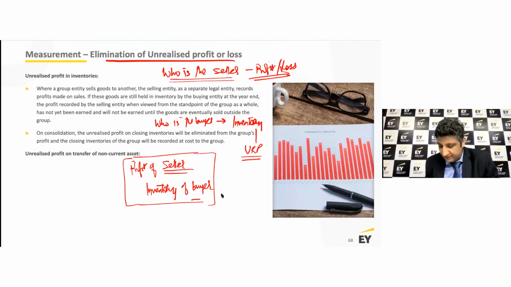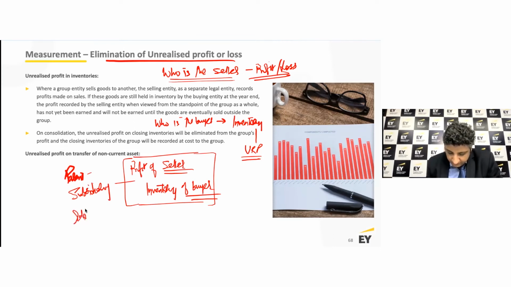Profit of seller and inventory of buyer only applies for a parent subsidiary relationship, right? It only applies to a parent subsidiary relationship.